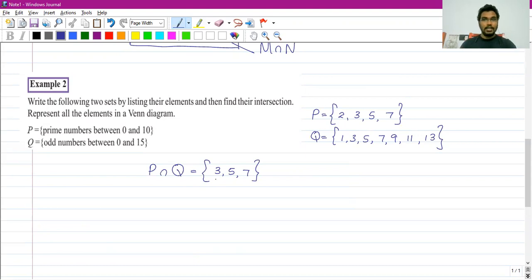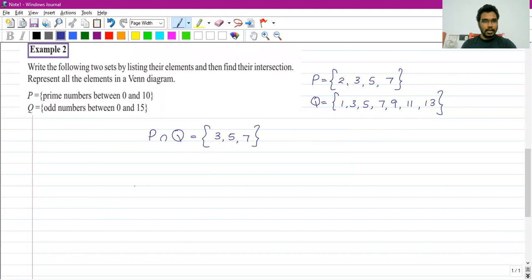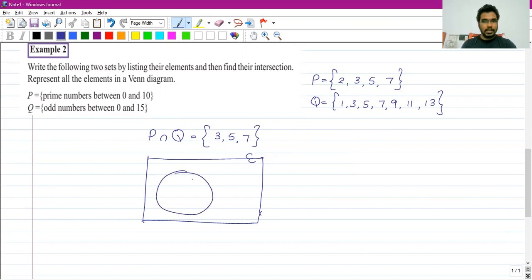Yes, now we can denote this one in a Venn diagram like this. So definitely there is an intersection. We can draw the two circles, and here we can denote the universal set. And two circles, we can have an intersection like this.